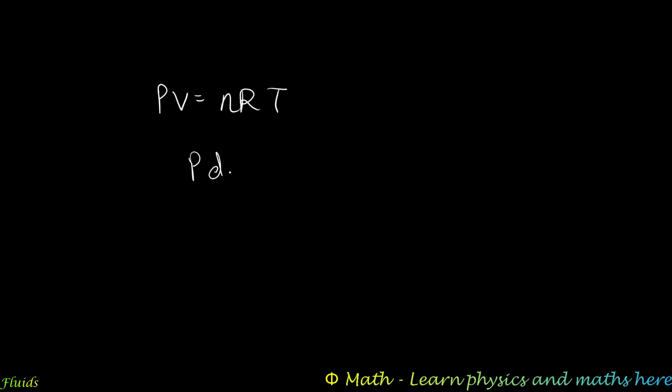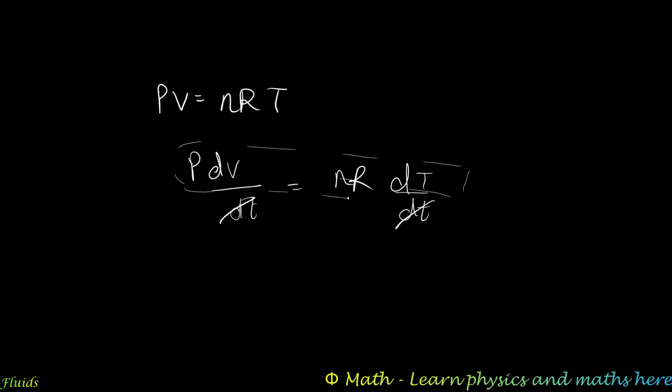So P dV over dt is equal to nR, because these things are constant, dT over dt. We can see the dt's get cancelled, and d can be written as delta. So P delta V is equal to nR delta T. Very easy to derive.